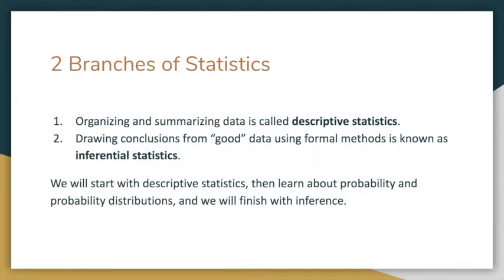There are two primary branches of statistics. The first is called descriptive statistics, and the second is called inferential statistics. Descriptive statistics basically just we find the mean, we find the standard deviation, perhaps we find the z-scores for individual data points, but we don't try to make any kind of conjecture about what's happening in the entire population as a whole based on the few pieces of data that we have.